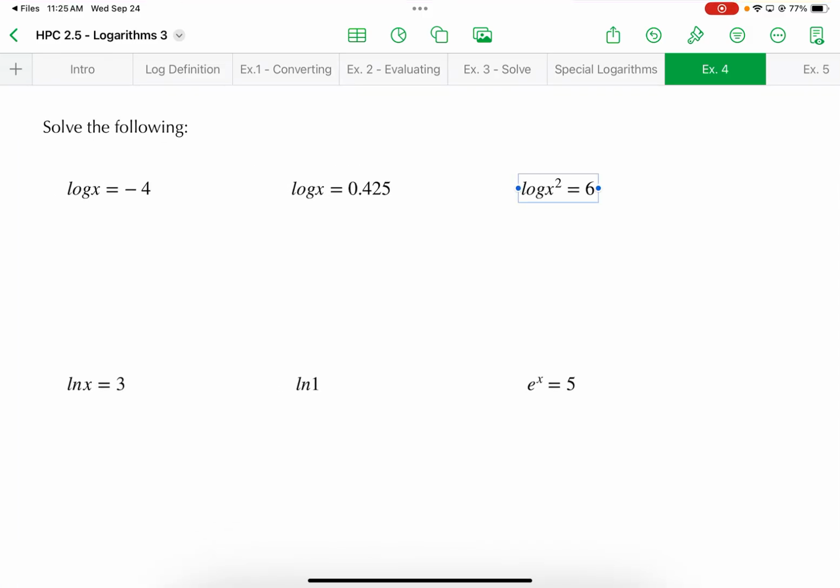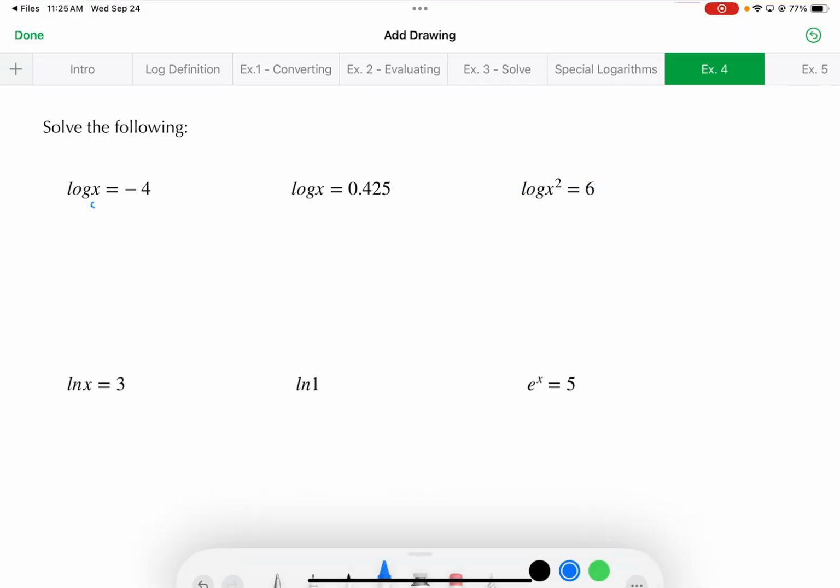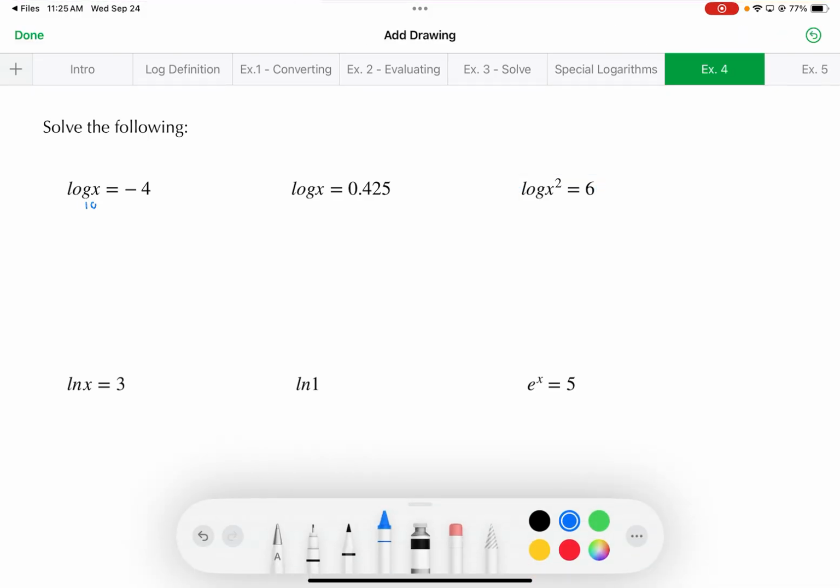All right, so we got some examples that follow with these special logs in there. This is common log of x equals -4. So the base here would be 10. This is 10 to the -4th equals x. And that would be 1 over 10,000, right?